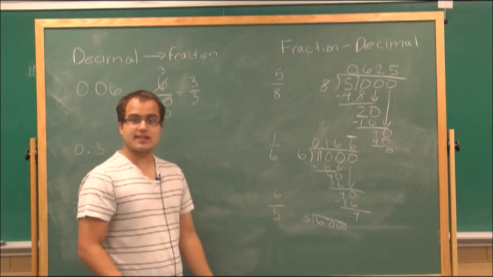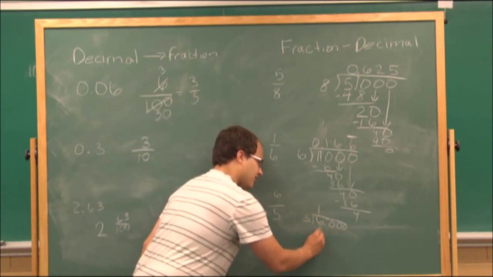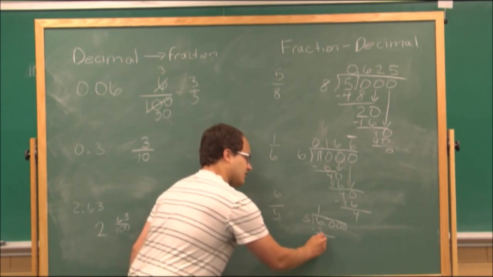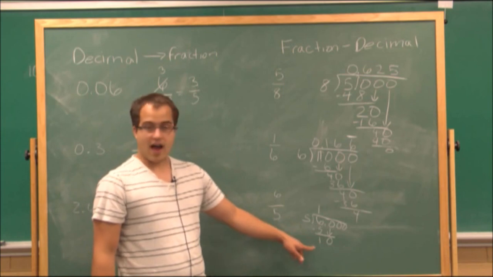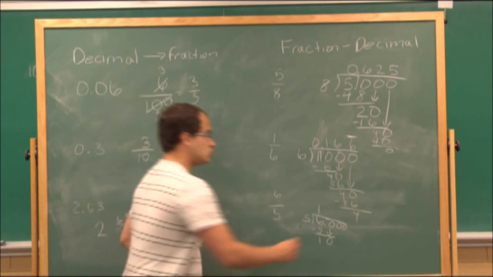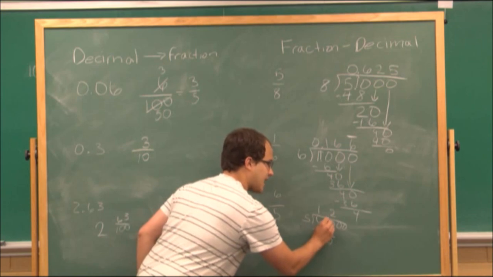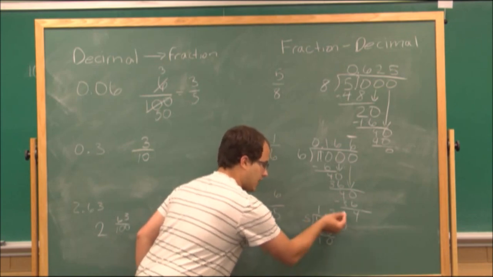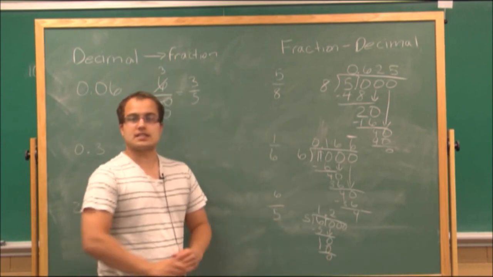Well, does 5 go into 6? Yes, 1 time. 1 times 5 is 5. 6 minus 5 is 1. Drop the 0. Does 5 go into 10? Yes, 2 times. Don't forget to bring your decimal point exactly above it. 2 times 5 is 10. And as soon as we get 0, we can stop.